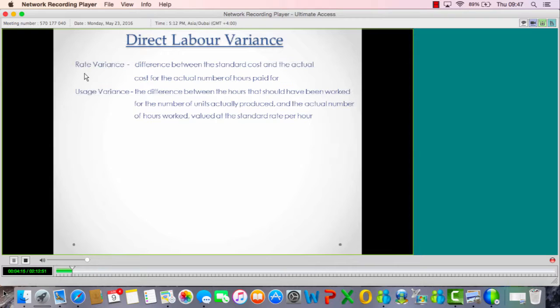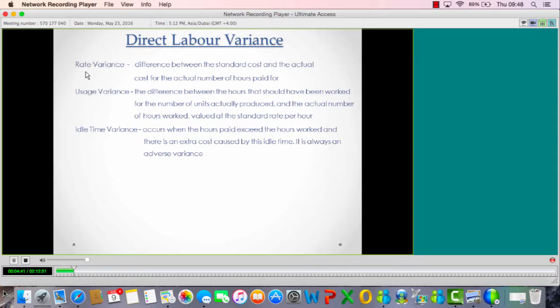Yeah. Okay. So in direct labor, there are two variances, but there's another one as well, that is called idle time variance. Because companies, when they are manufacturing, pay workers a salary or an hourly rate.